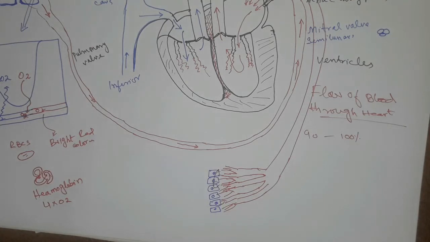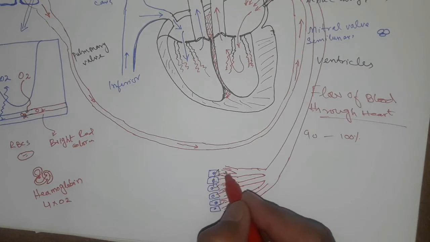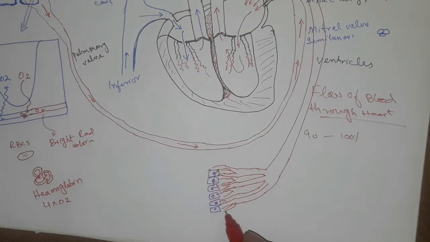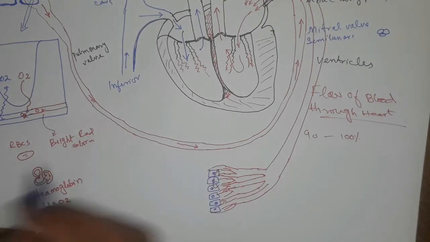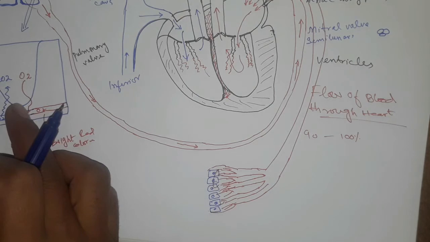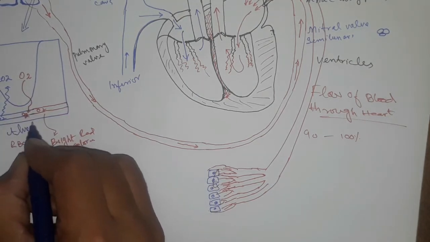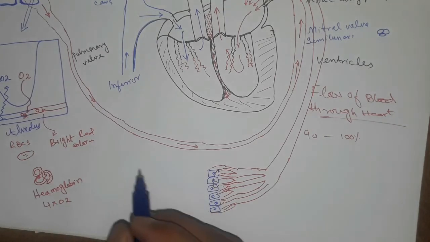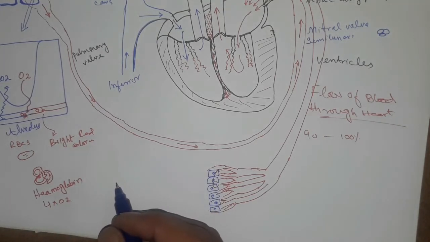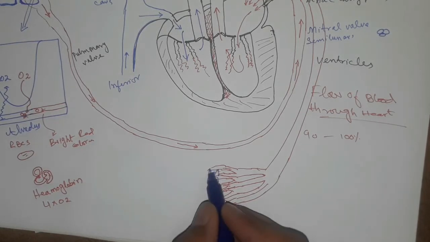In the organ, the red blood cell drops off oxygen and picks up carbon dioxide. Basically, the reversal happens of what was happening in the alveolus. The reverse process happens here. So the RBCs are loaded up with carbon dioxide.